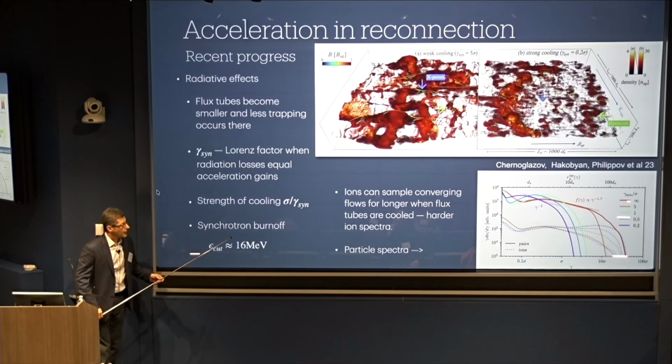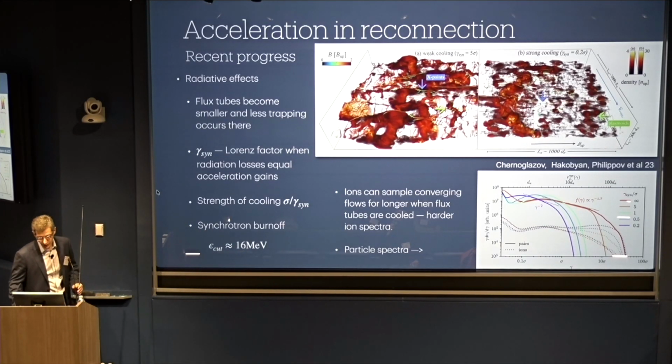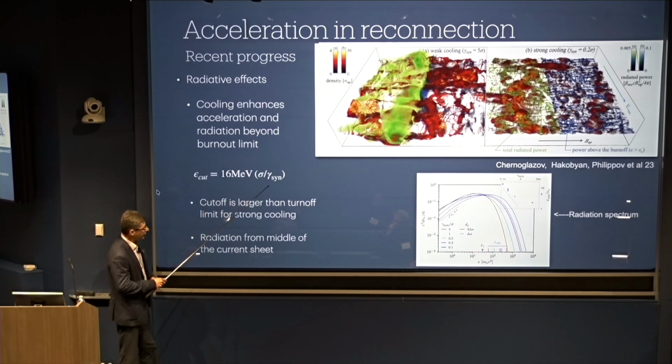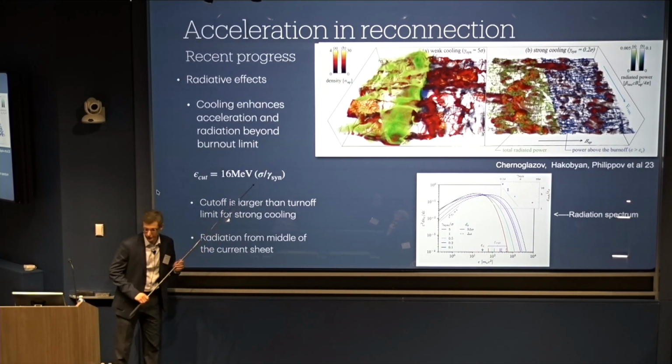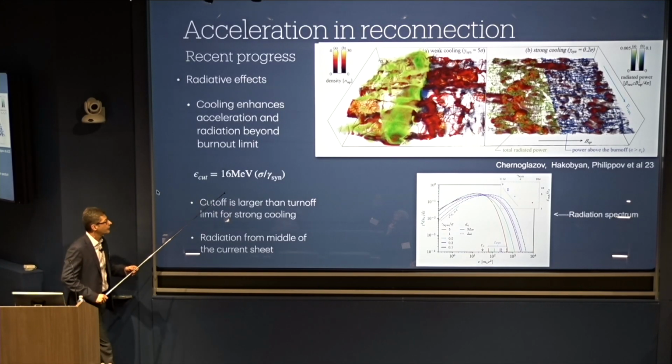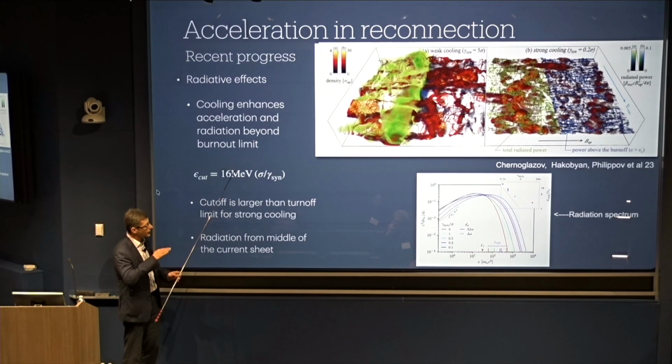It turns out that if you have strong cooling effects, it is possible for particles to find such trajectories where they can exceed this synchrotron burn-off limit because they're surfing and getting accelerated in regions of weaker magnetic field right in the middle of the sheet.